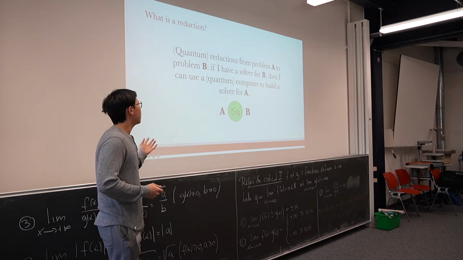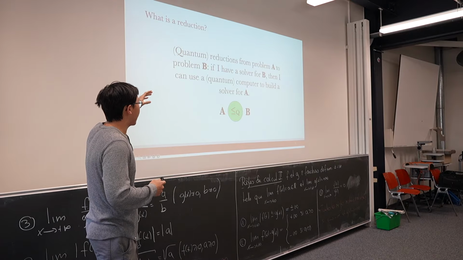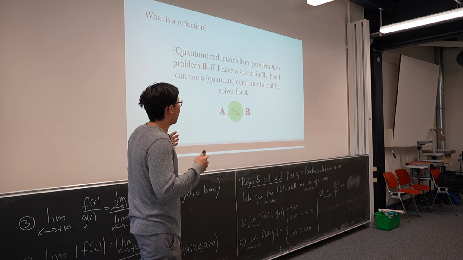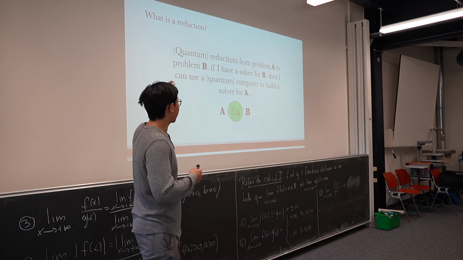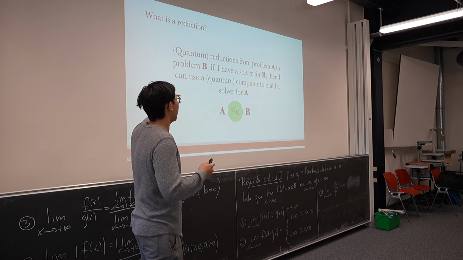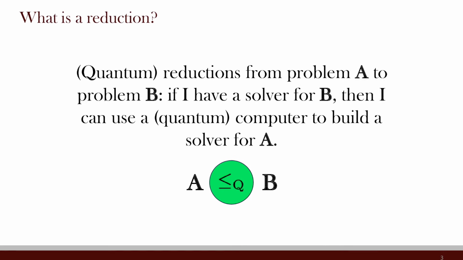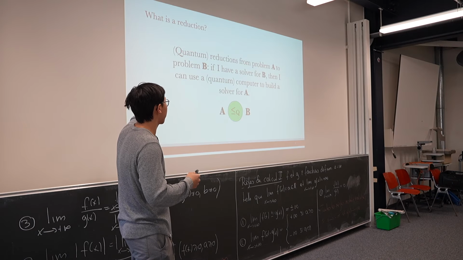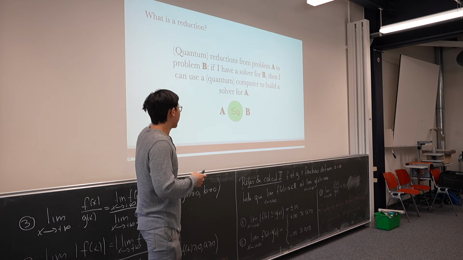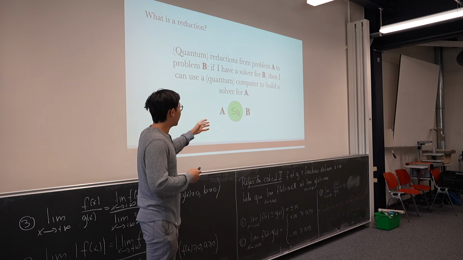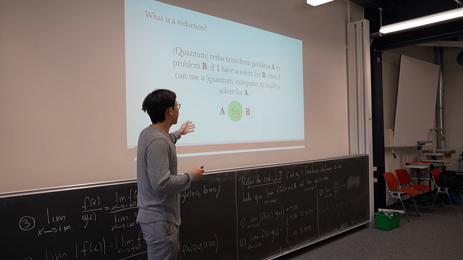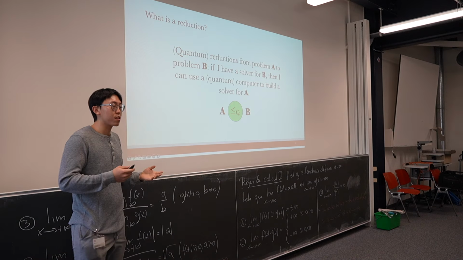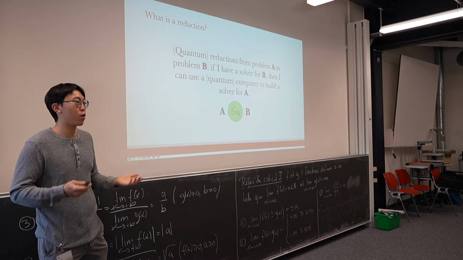We say that we have a reduction from some problem A to some problem B, where if I have a solver that works for problem B, I can use a computer to build a solver for A. If that computer is quantum, then we say it's a quantum reduction. Because we can turn solvers for B into solvers for A, we say that A reduces to B. And in that sense, A is easier than B if you have a quantum computer.